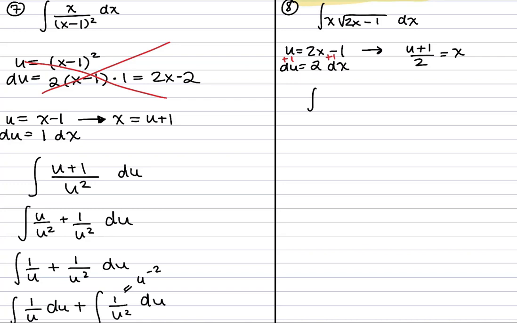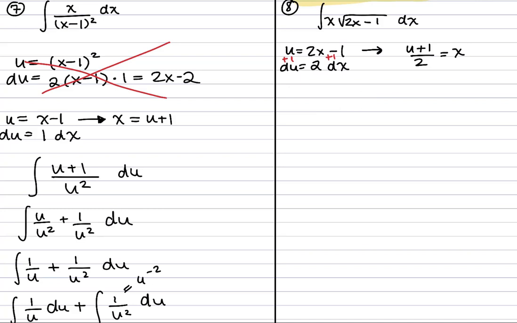Rewriting this integral, we have (u plus 1) over 2, and then the square root of u. Hold on a second. I don't have that 2 that I need. So I'm going to erase this step. It was a little premature writing that.